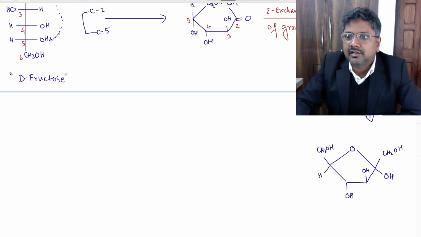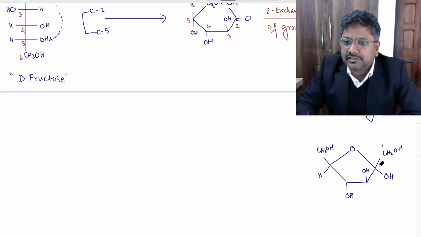Right? Now see, this is carbon number 1, 2, 3, 4, and this is carbon number 5. So again, this is the higher priority group. If you do the priority, this will get the first priority.